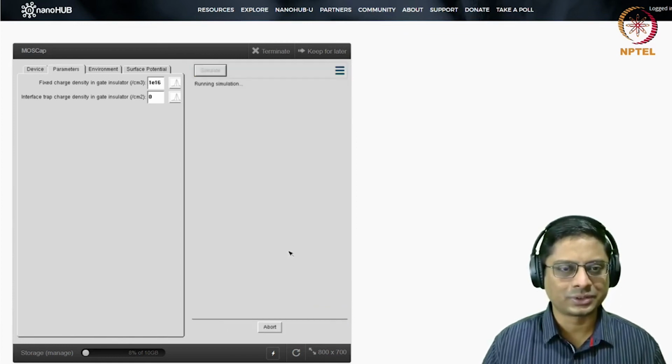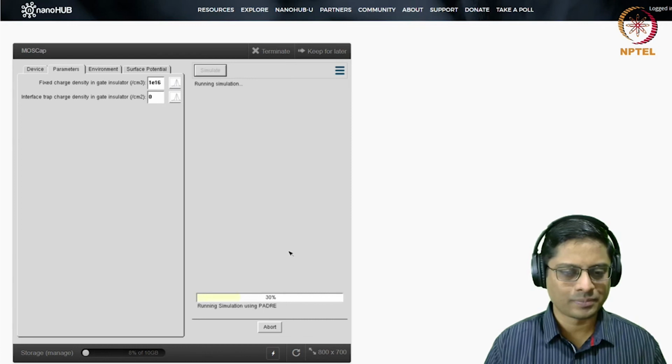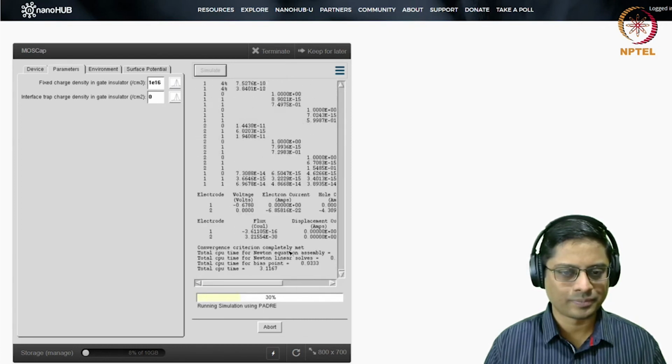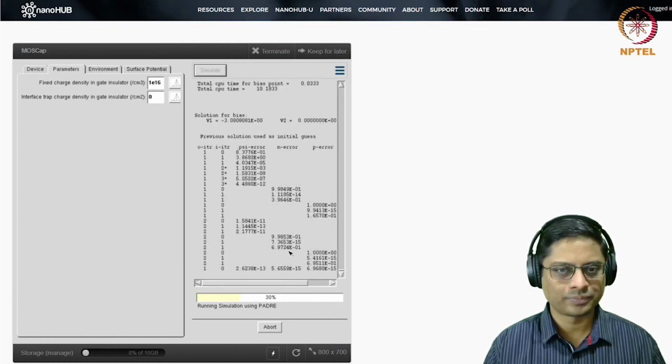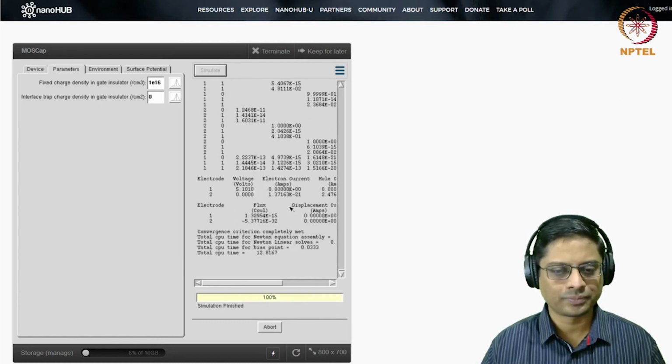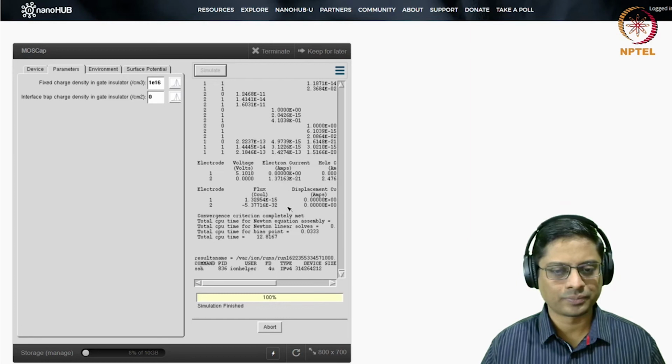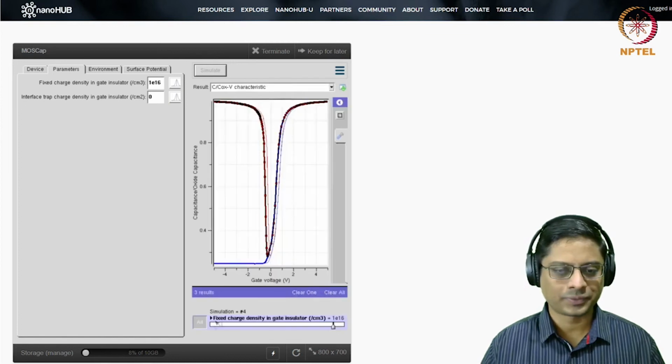I'm not sure if this will also work. Yeah, you see? So now you have basically a shift in the VT.